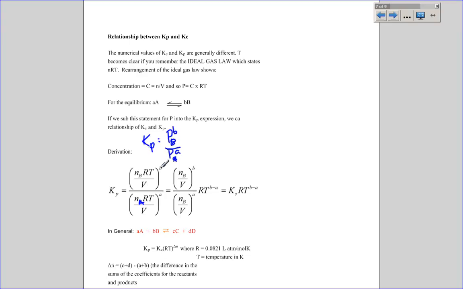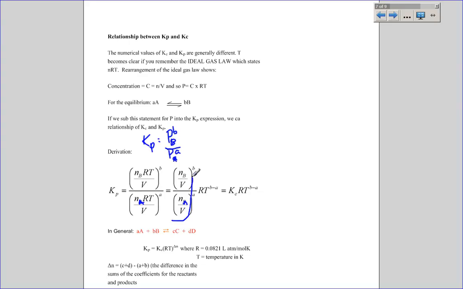Because this is a division, as you know with exponent laws, this is going to be b minus a. So I've taken out RT, so it's RT to the b minus a. What I'm left with is the moles over volume to the b and the moles over volume to the a.